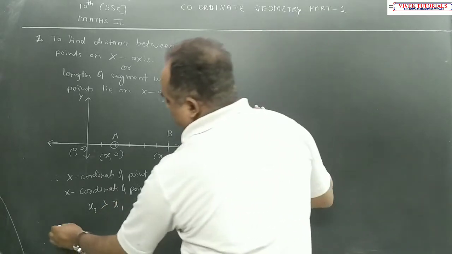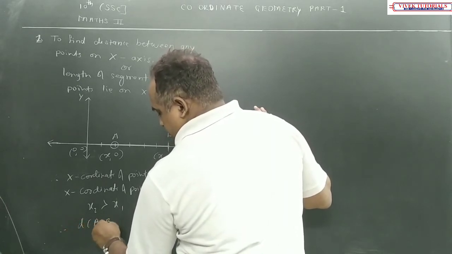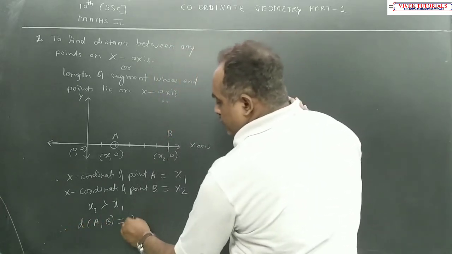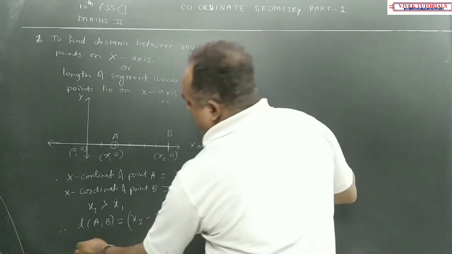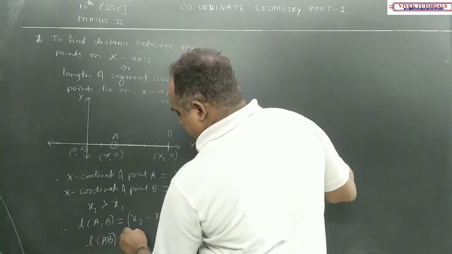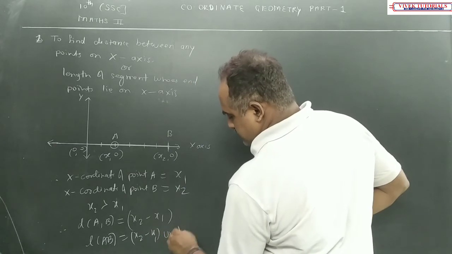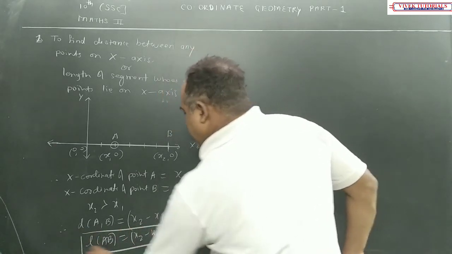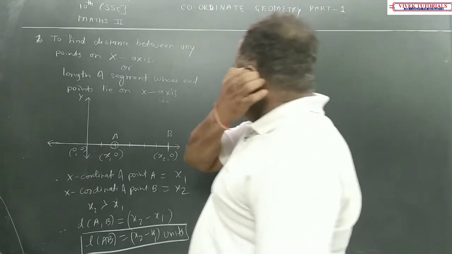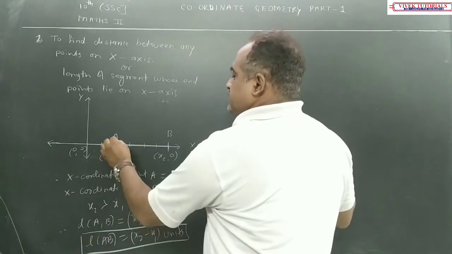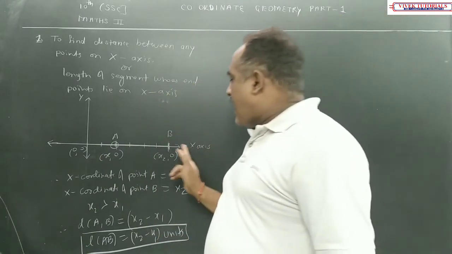Correct? Therefore, distance AB is equal to x2 minus x1, or length of segment AB is equal to x2 minus x1 units. This is the important thing. See once again, to find the distance between any 2 points on the x-axis, these are the 2 points, or the length of a segment whose endpoints lie on the x-axis.